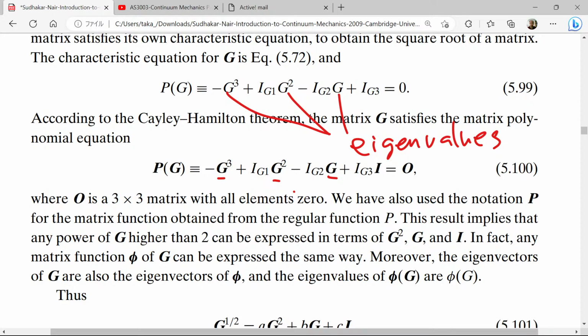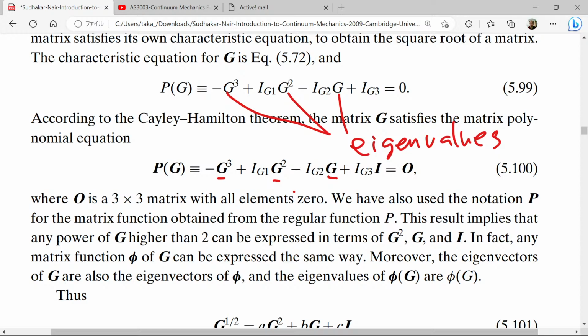where O is a 3 by 3 matrix with every element 0. We have also used the notation P for the matrix function obtained from the regular function P. This result implies that any power of G higher than 2 can be expressed in terms of G squared, G, and I. In fact, any matrix function phi of G can be expressed the same way.